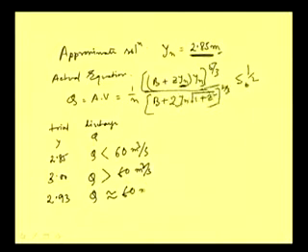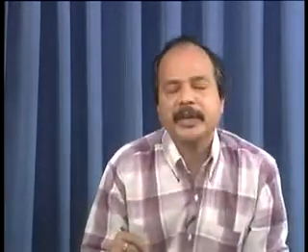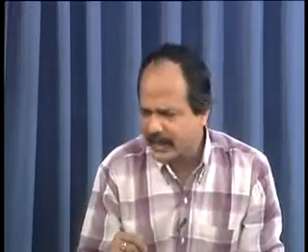Now, we may have some feeling that, well, what's the difference between 2.85 and 3 or 2.93? In fact, these are at the centimeter level, these are at the millimeter level. What is that difference basically, or why should we be so careful and so precise?